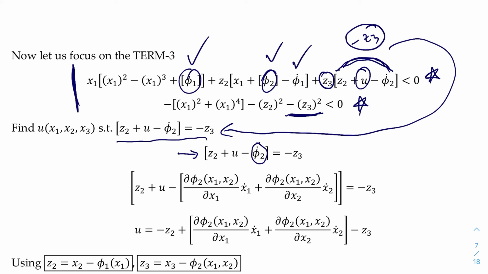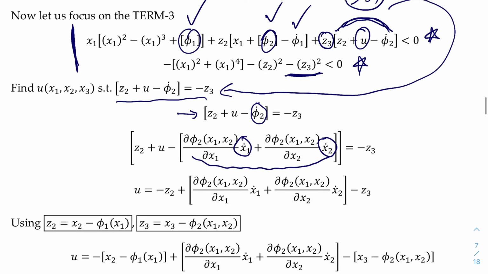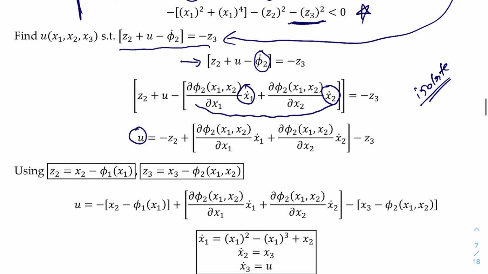Phi2 is a function of x1 and x2, so you can just expand it as given, and also substitute x1 dot and x2 dot by looking at the original problem. Then just recover or isolate u. By the way, isolate is a MATLAB function that we will use.